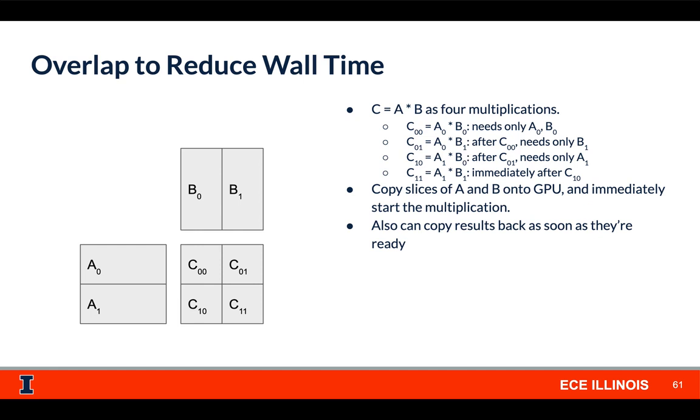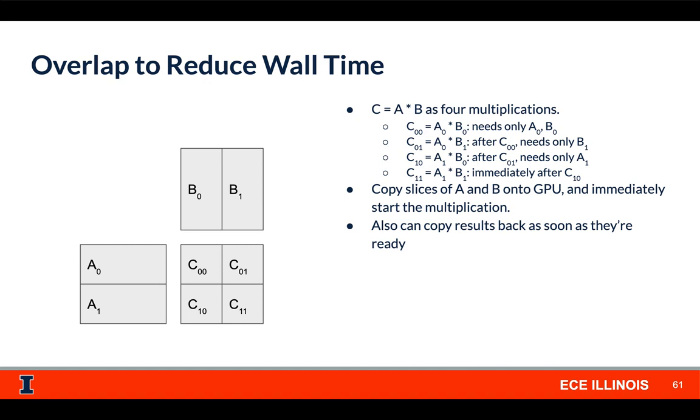Once B1 is on the GPU, we can immediately compute C01 while transferring A1 to the GPU. And once A1 is on the GPU, we can finish the rest of the matrix multiplication.